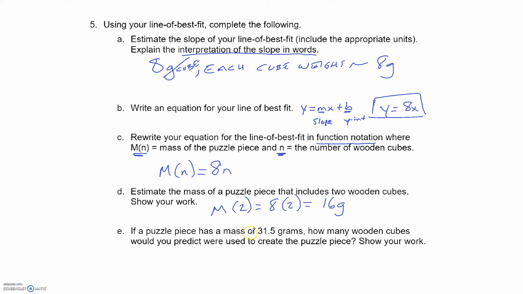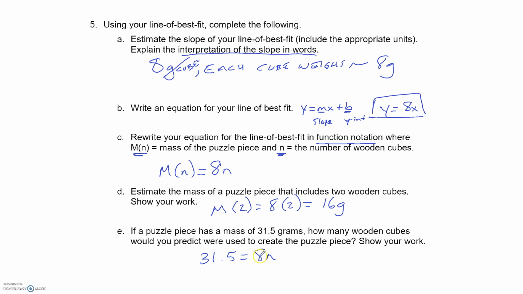If a puzzle piece has a mass of 31.5 grams, how many wooden cubes would you predict were used to create the puzzle piece? So instead of saying m of something, now we're going to replace the mass with 31.5, which is equal to 8 times some number n.